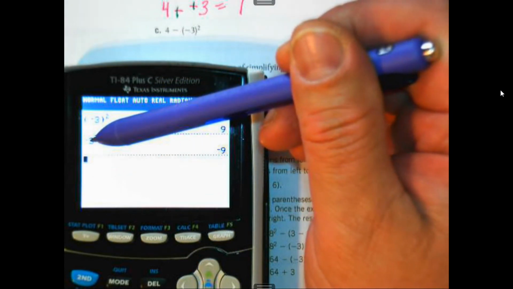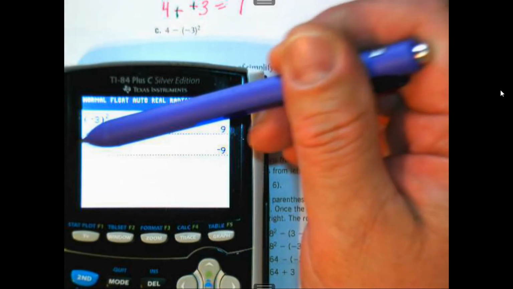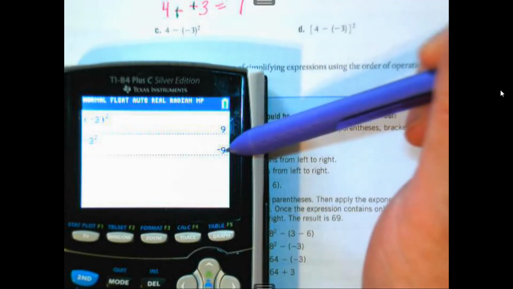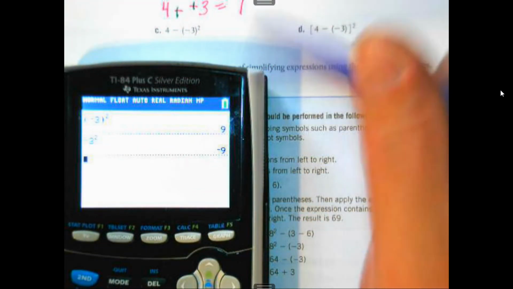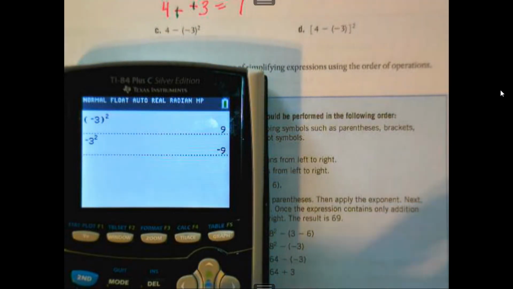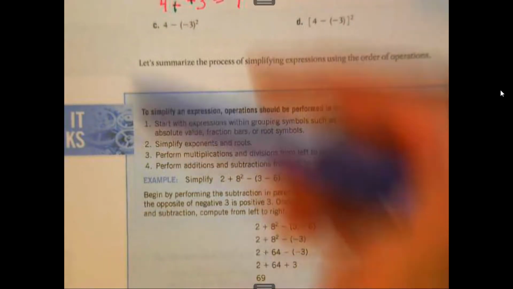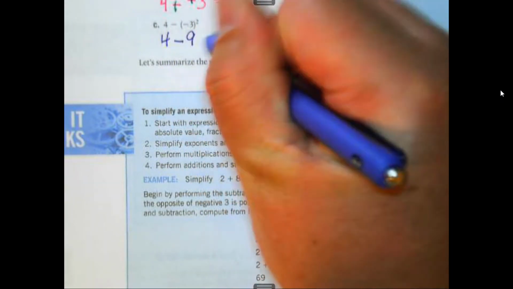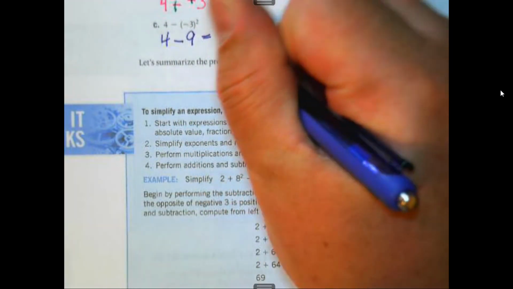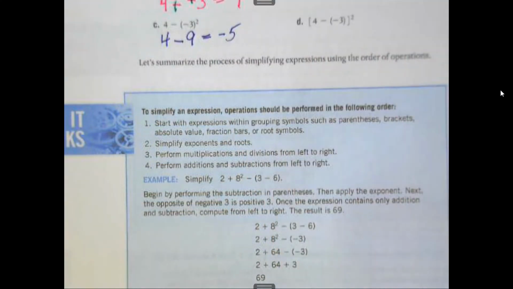Here I have no parentheses, I'm squaring the 3 first, and then multiplication, negative 1 times 9. That's why I get negative 9 instead of positive 9. Okay, so I have 4 minus positive 9, 4 minus 9, negative 5.